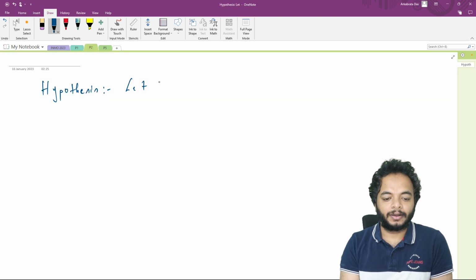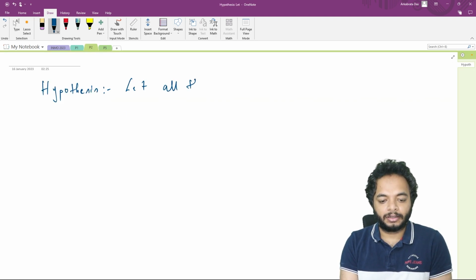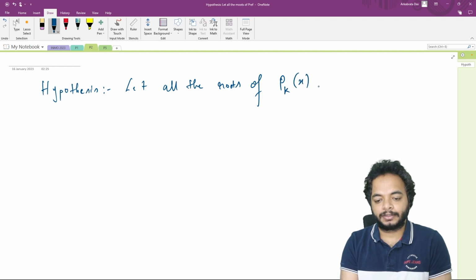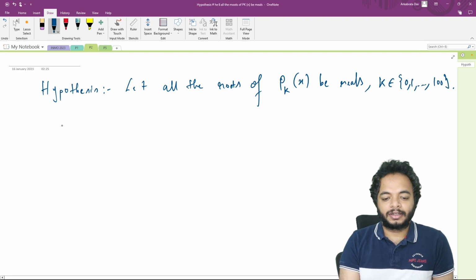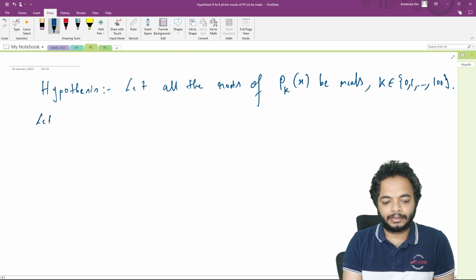Let all the roots of pk(x) be real, where k belongs to 0, 1 till 100.